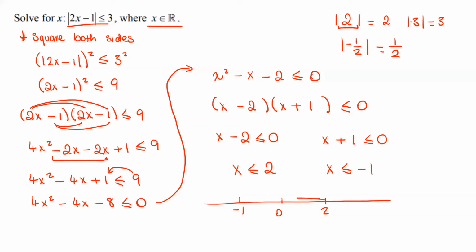If x is less than 2, that's already going to include all the ones less than minus 1. So we could just forget about this one and say the solution to the absolute modulus of 2x minus 1 is less than 3 is x must be less than 2.